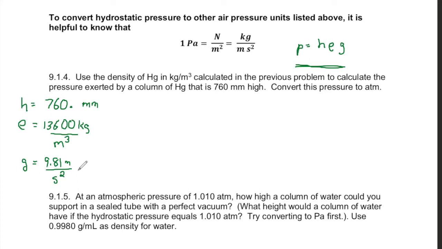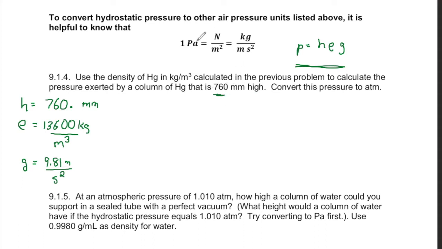And gravity has an acceleration of 9.81 meters per second squared. And the height that we want to calculate for is for 760 millimeters, this famous number that we are using a lot in our conversions. So we want to see how much pressure is that. If we had an actual 760 millimeter column of mercury, what kind of pressure would that be exerting?